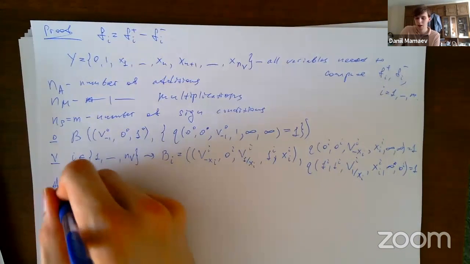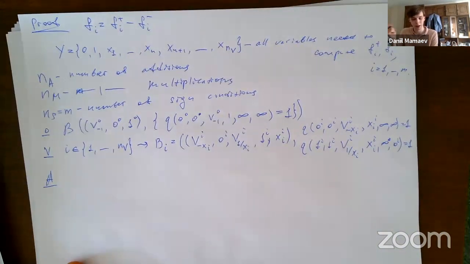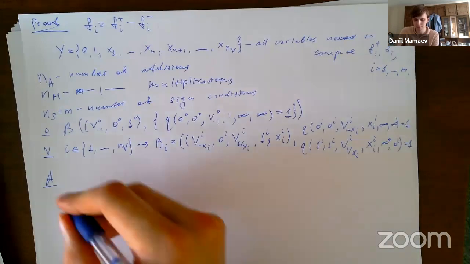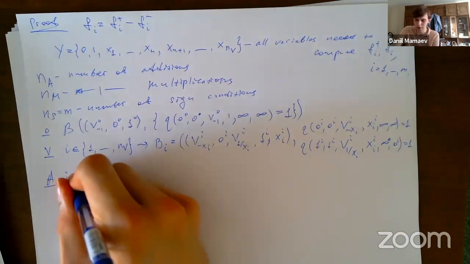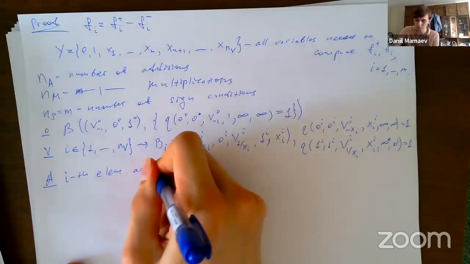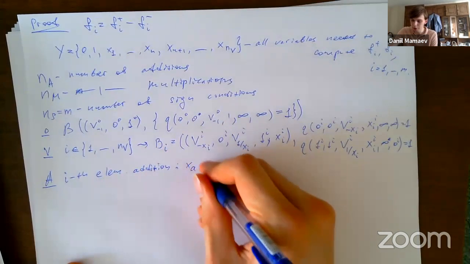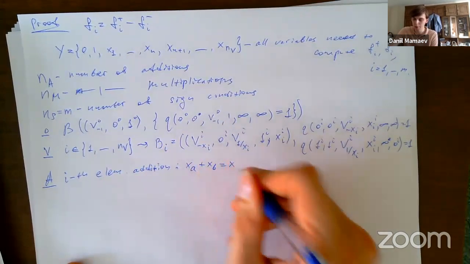Then, for any addition, we also introduce a cluster. Suppose we have an elementary addition of the form xa plus xb is equal to some xc.